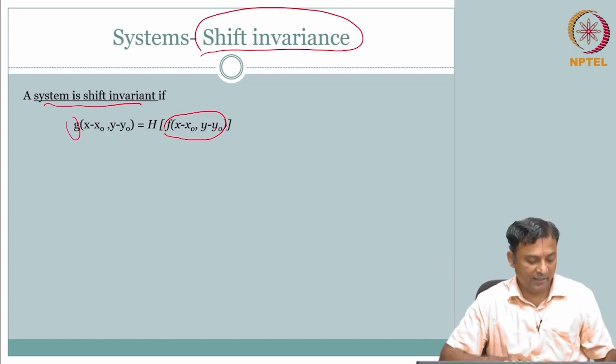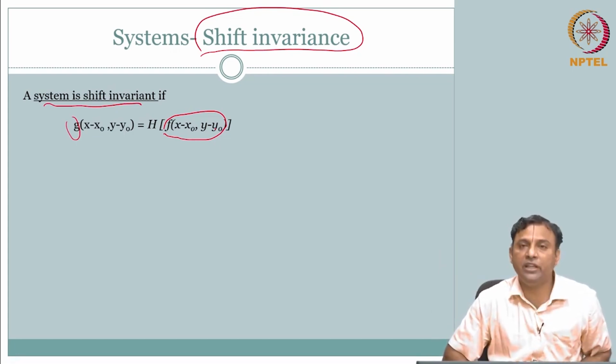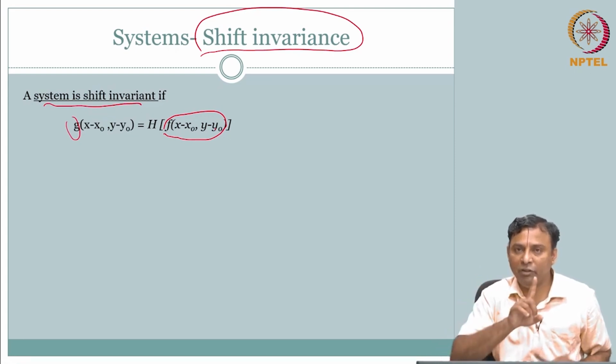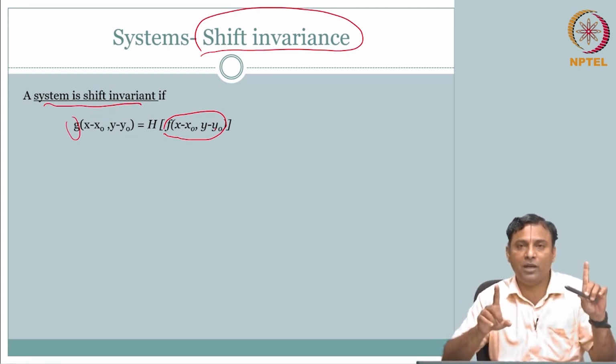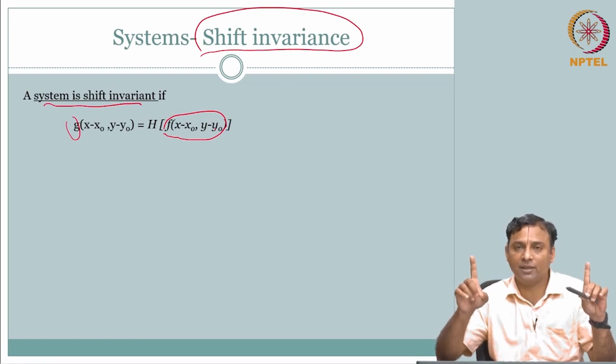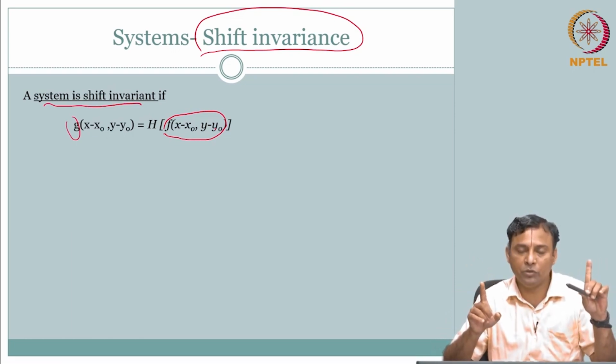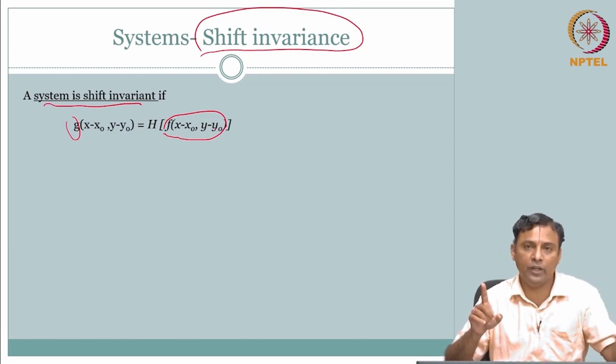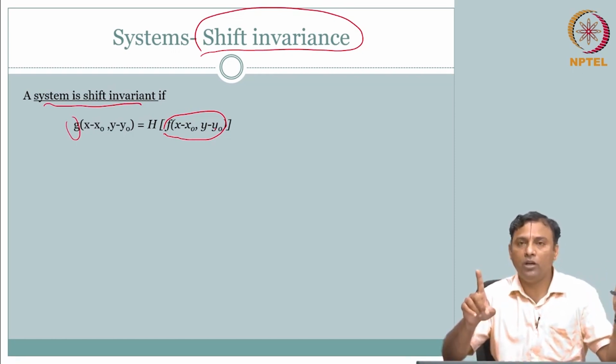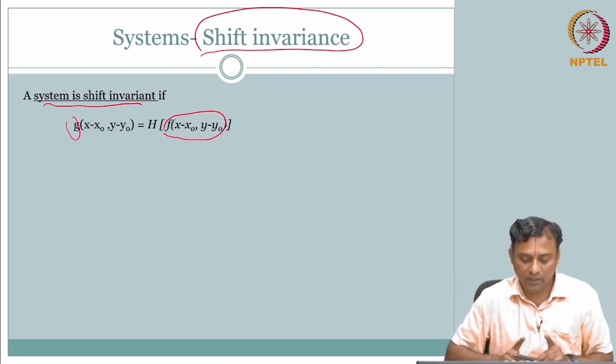That is what shift invariance is. In other words, it does not matter how you arrived there. If presented with the input f of x comma y, you get the output g of x comma y. If you shift the input by x naught and y naught, your output g of x comma y will also move by x naught and y naught.